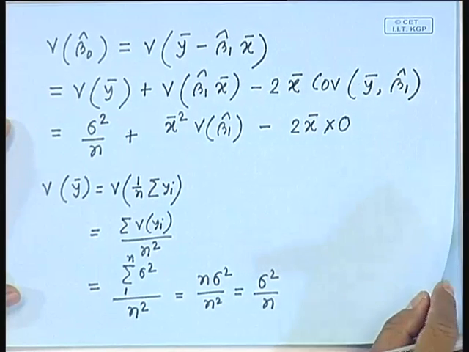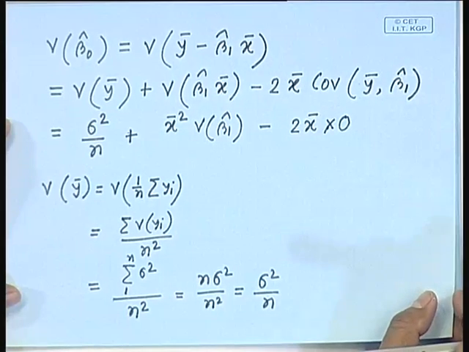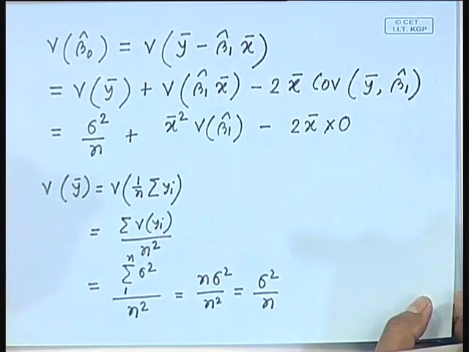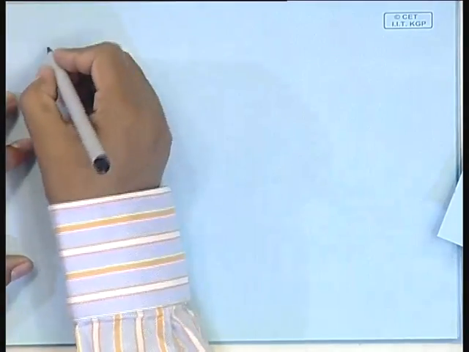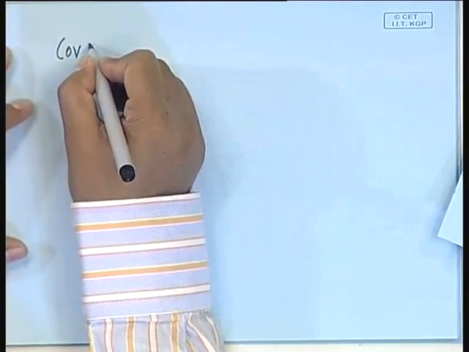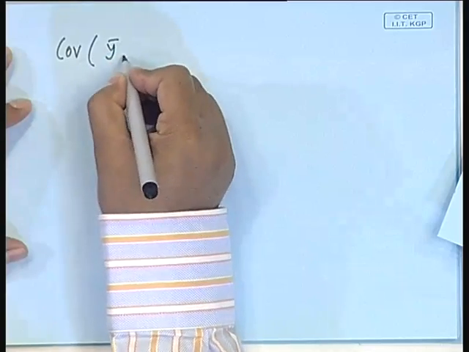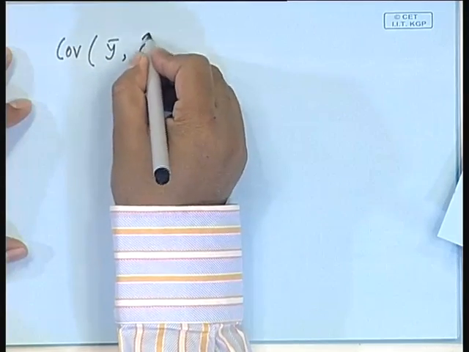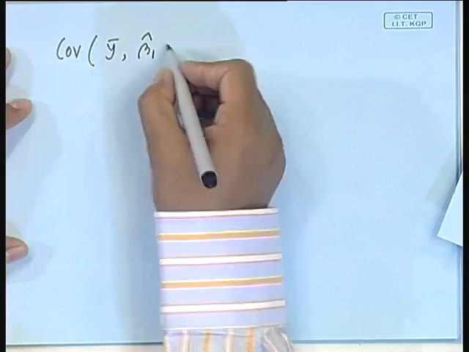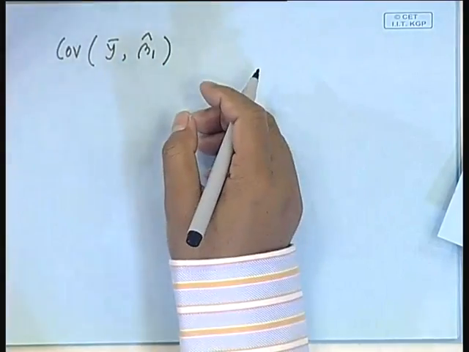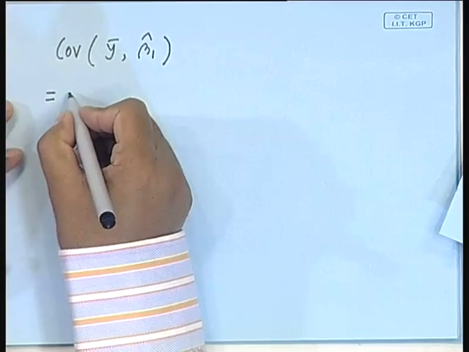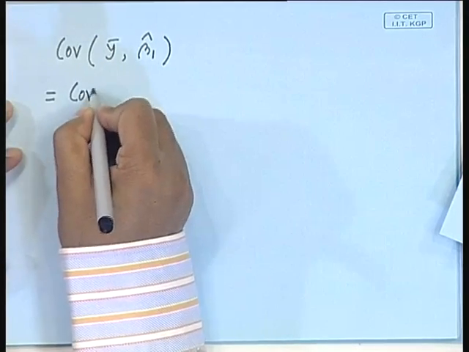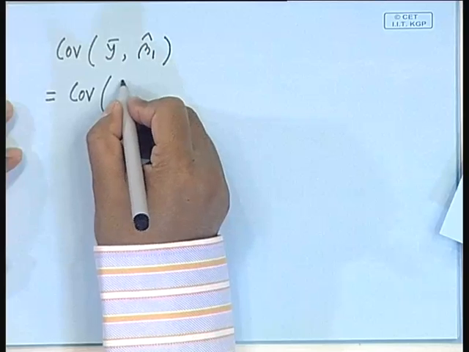It can be proved that the covariance is equal to 0. The covariance between y bar and beta 1 hat is equal to the covariance between, what is y bar?